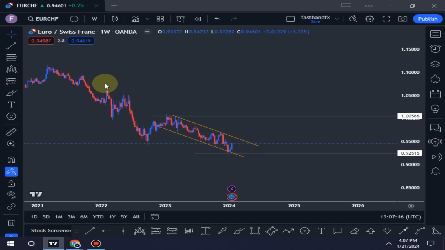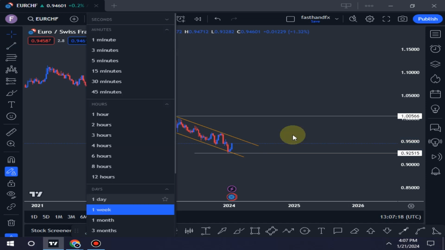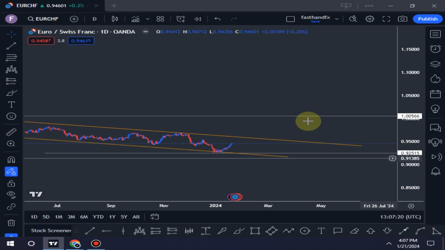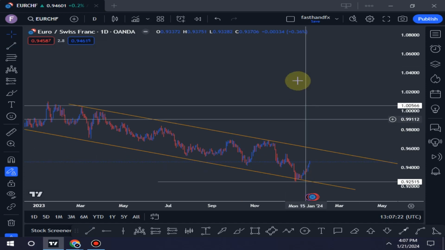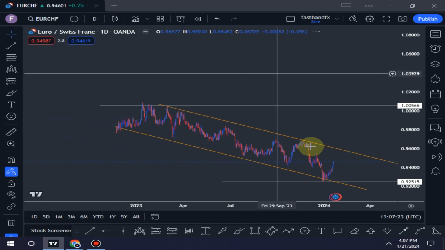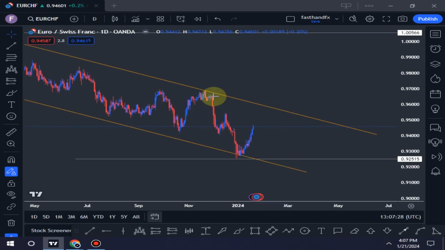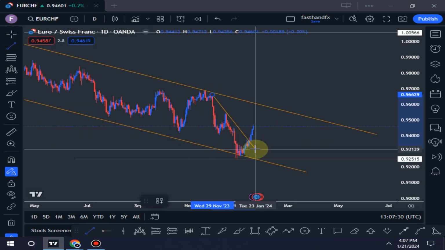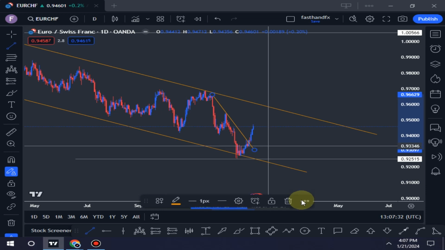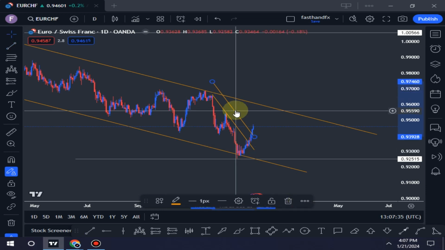Something like that. So let's go to the daily and understand more. All right. So we see basically we are in a downtrend. Okay. At the same time, when we talk about trends, inside trends, there was this trend, of course, and it was broken.